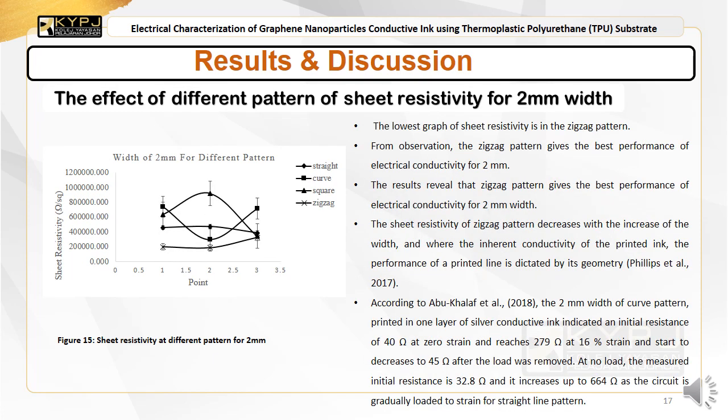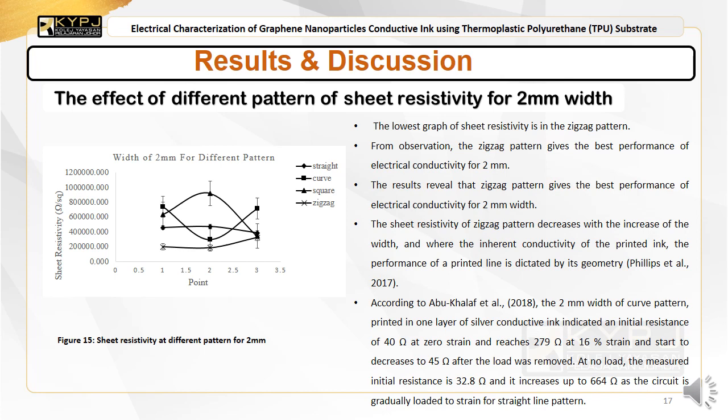Figure 15 shows the graph of sheet resistivity at the different patterns for 2 mm of width. The lowest graph of sheet resistivity is the zigzag pattern from observation. The result revealed that the zigzag pattern gives the best performance of electrical conductivity for 2 mm width.